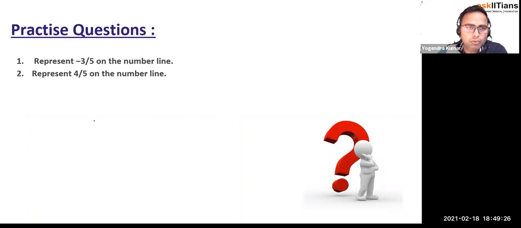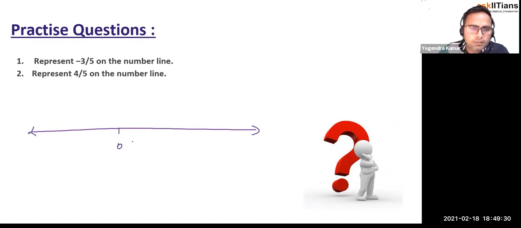If you want, I can show you 4 by 5 more. Let me take it again. 0, 1 here, now 2 here, right? Now 4 by 5. Again, I need to divide this part into how many? 5 equal parts. You need to see the denominator, 5 equal parts, 1, 2, 3, 4, 5.